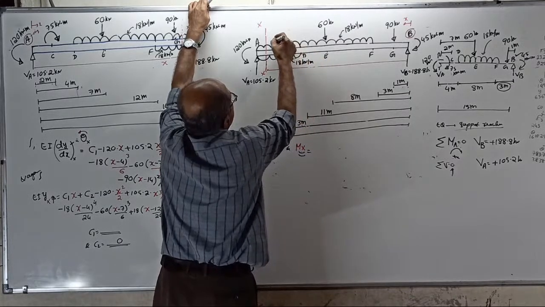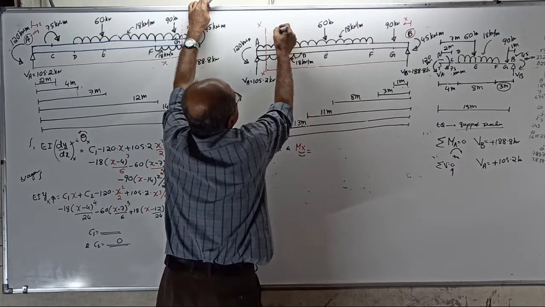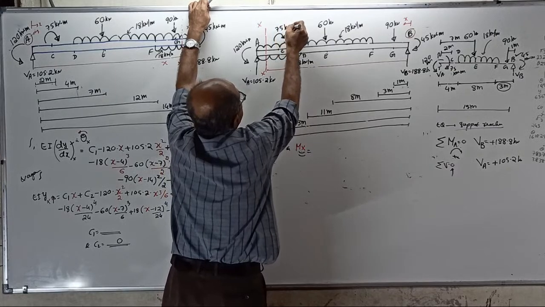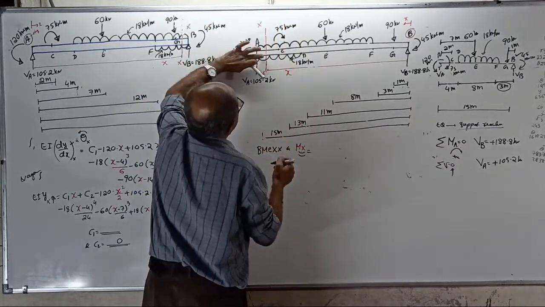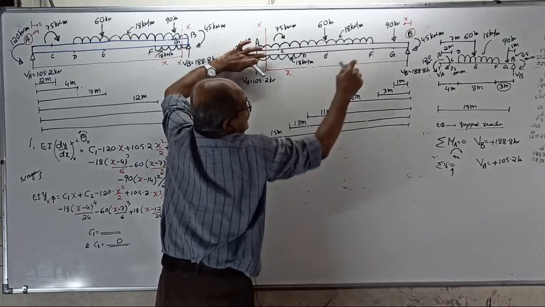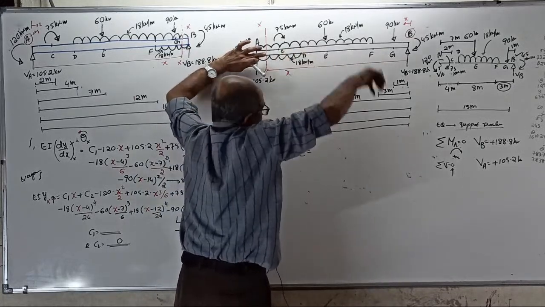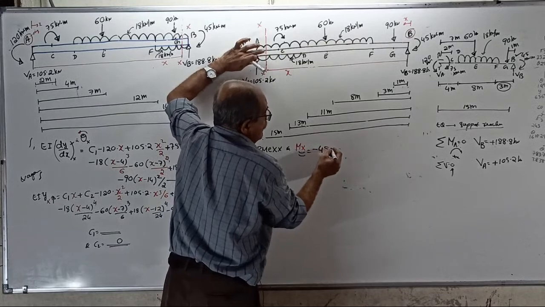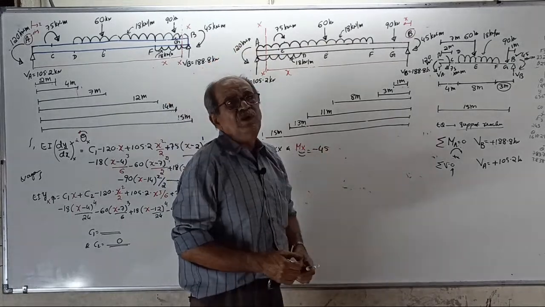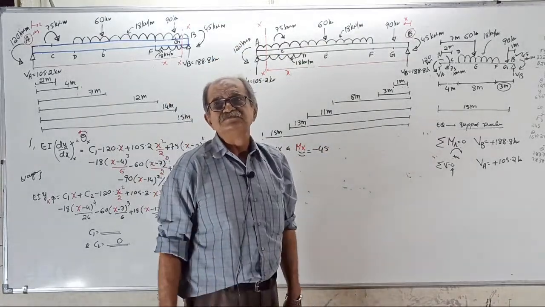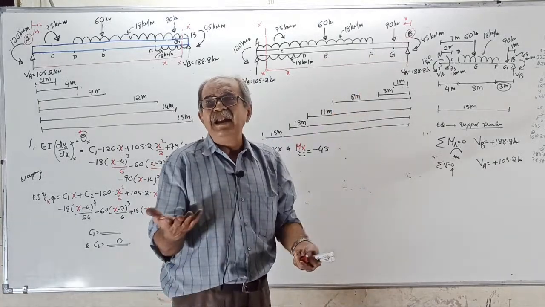Okay, then here a clockwise couple of how much? 75 kilonewton meter. Okay, now start. BM here, look at that side. First 45. See, bending moment is minus 45 into nothing. Some will say, sir, into x power 0, not required. If it is the origin, it is valid everywhere.